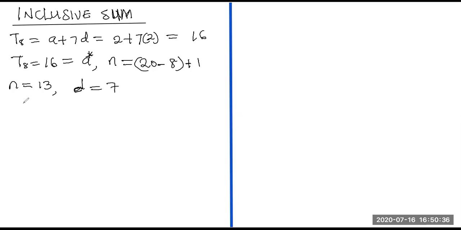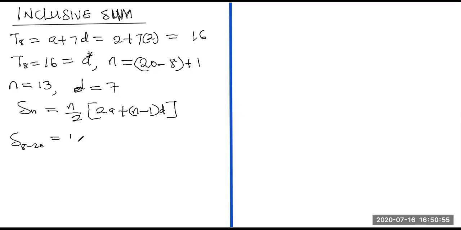So we have Sn equals n over 2 into 2a plus n minus 1 d. So we substitute: the sum from the 8th to the 20th is equal to, n is 13, 13 over 2 into 2 times this pseudo first term, not the original first term, because I'm adding from the 8th term now.